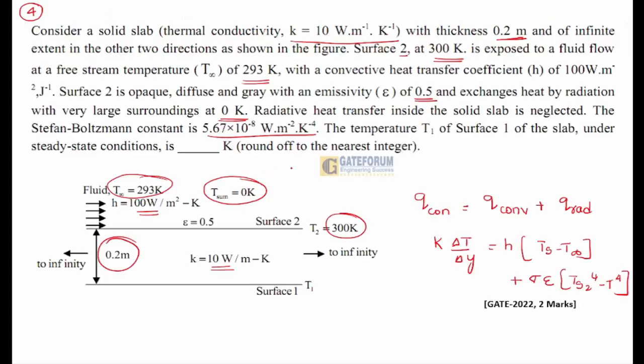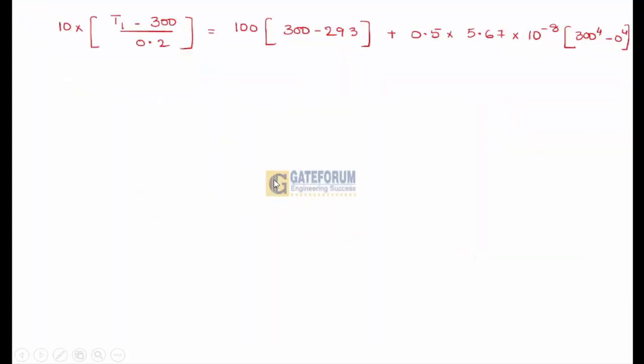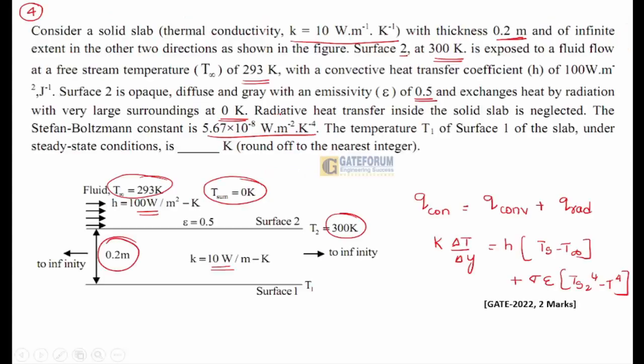Radiation, I have substituted all the values here. Surrounding temperature is 0 Kelvin, T infinity is 293, T2 is 300. From here, if I find the value of T1, on calculation I get 318.5927 Kelvin. This will be the appropriate answer, that is surface 1 of the slab, 318.5 Kelvin. Both conduction, convection, radiation formulas are used here.